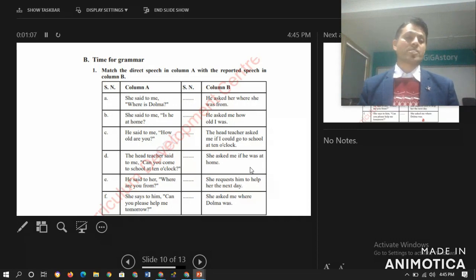Study this table very carefully, and then you will have an idea how to change direct questions into indirect questions.